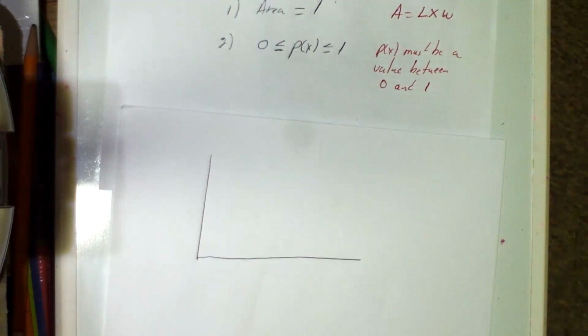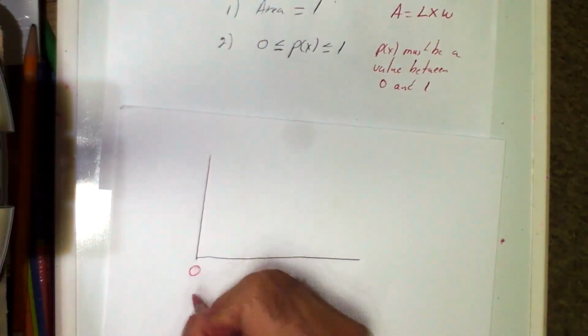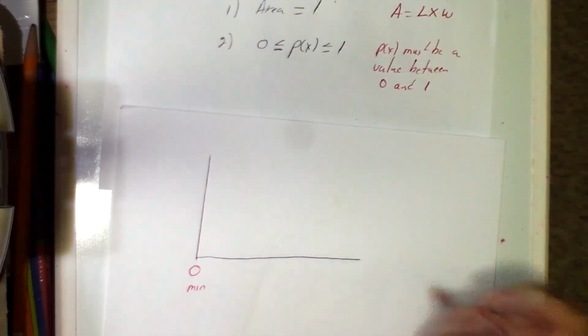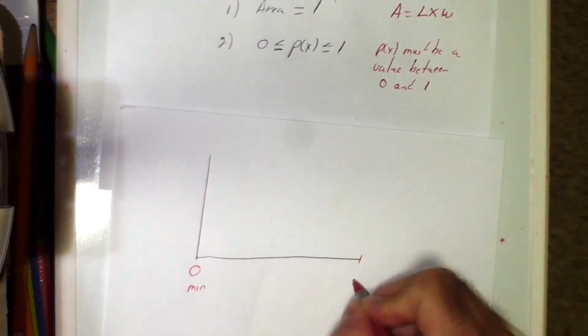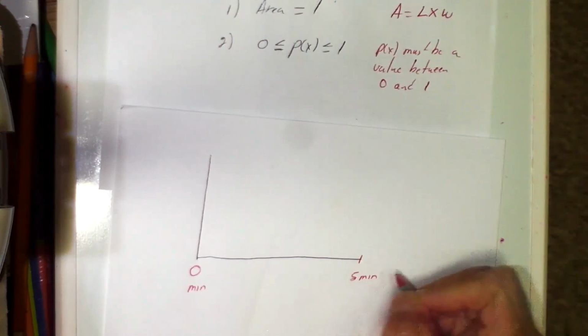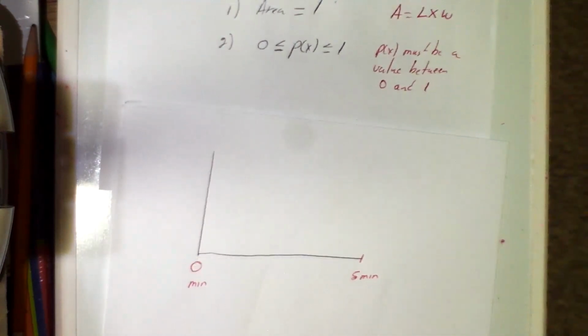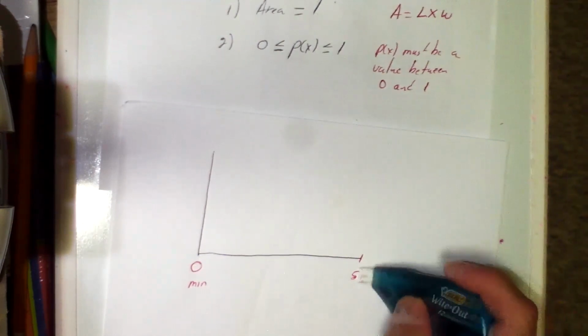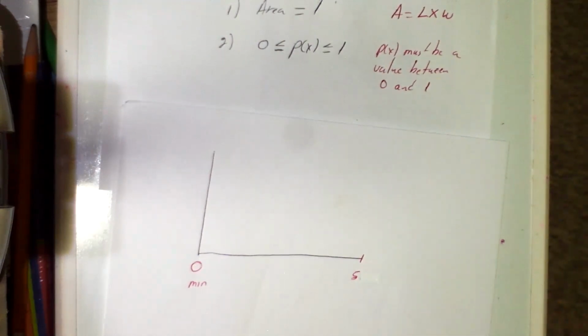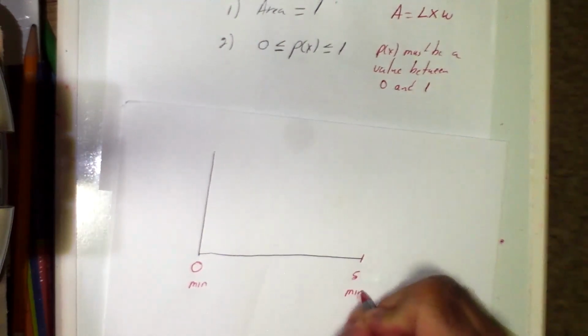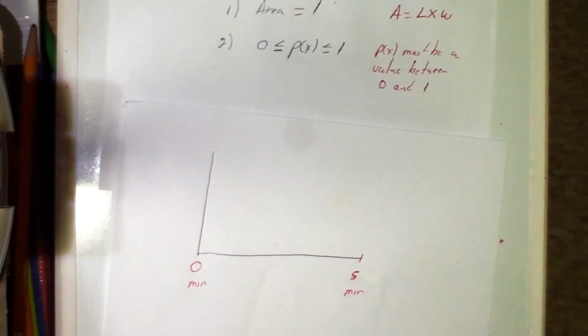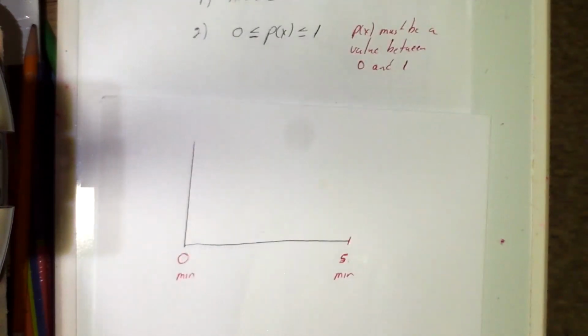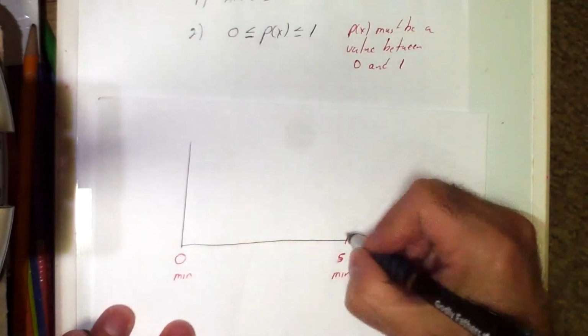So we know that the initial was 0 minutes, and our terminal is 5 minutes. And we draw a rectangle because we're dealing with time.